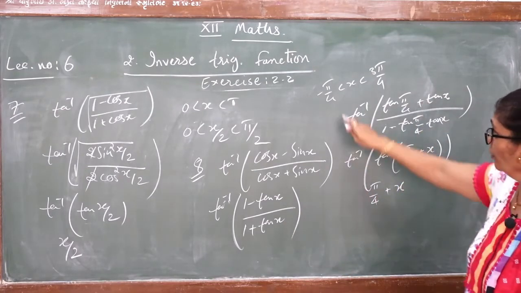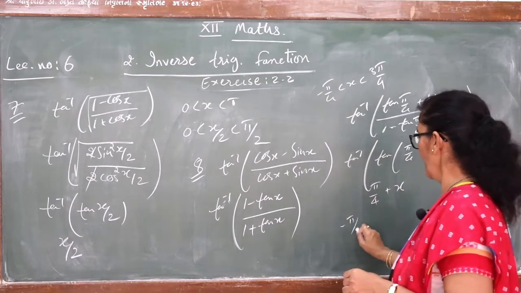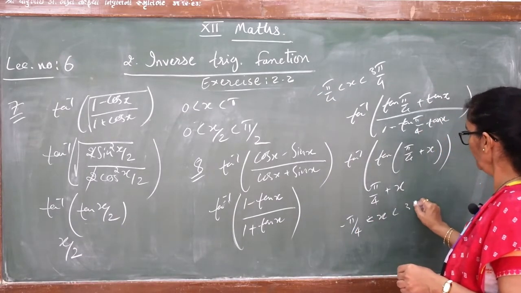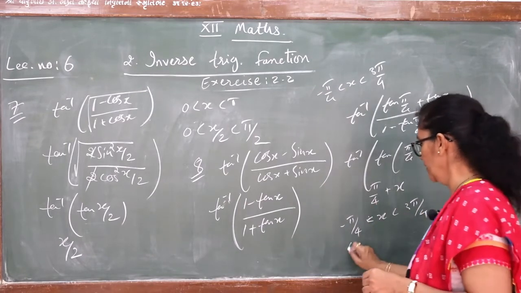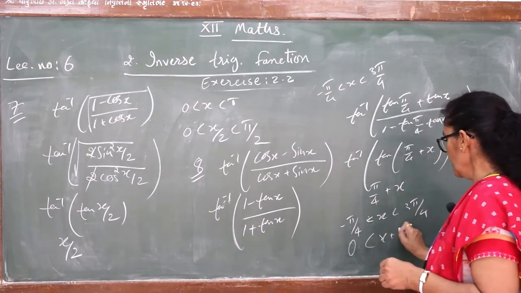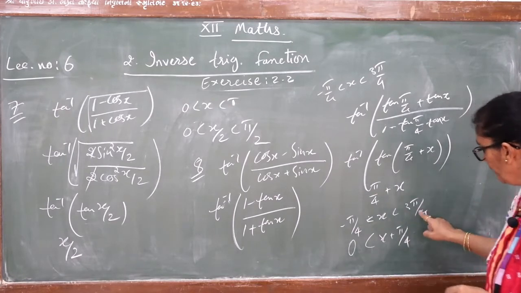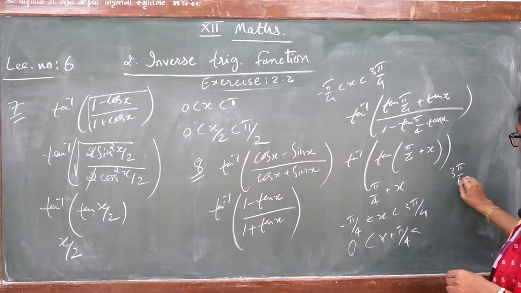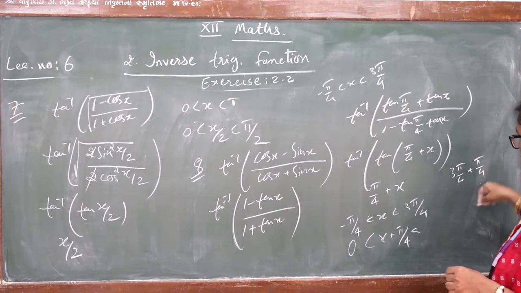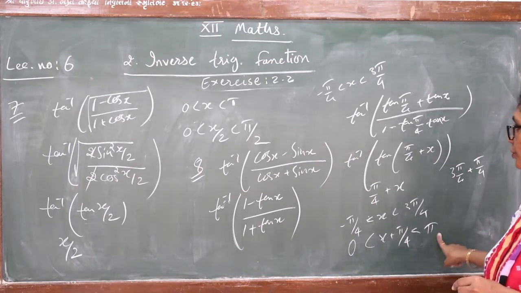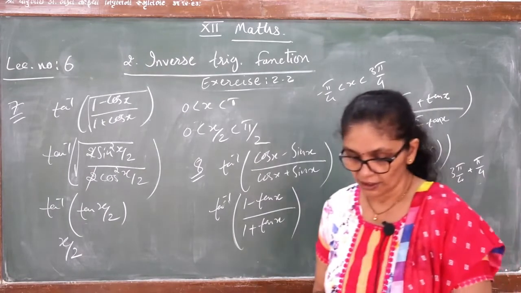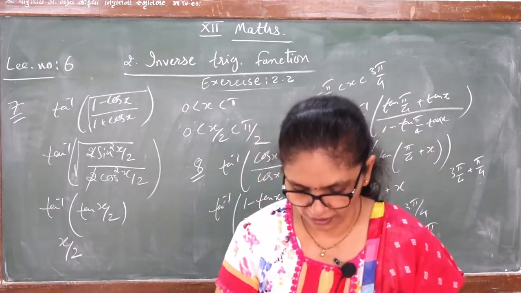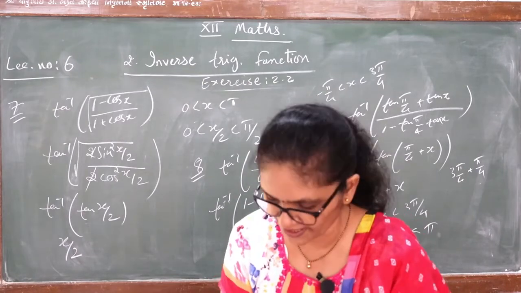Now we have to check only the quadrant, minus pi by 4 less than x less than 3 pi by 4. So add pi by 4 to it. This became 0, this became x plus pi by 4, and 3 pi by 4 plus pi by 4 is 4 pi by 4, meaning pi, so 0 to pi. We can write our question in that format, so we can convert our question into the simplest form.